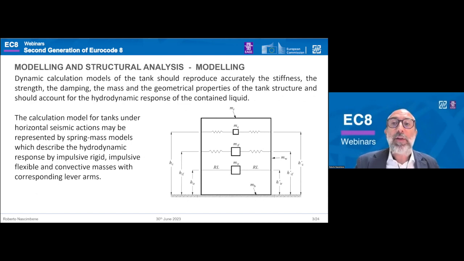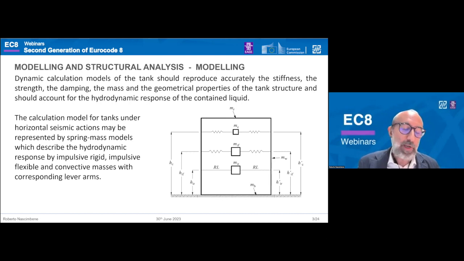Next slide is related to modeling. About modeling, the dynamic calculation model that we introduce in the code uses the classical and, let's say, well-established approach, classically called equivalent mechanical model.